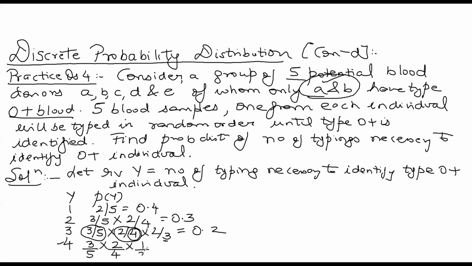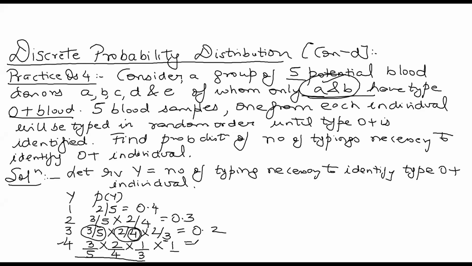And for 4, the first one is not O plus, the second one is not O plus, and the third one is not O plus. If the first 3 are not O plus, the last one will definitely be O plus, because 2 individuals have O plus type. That means the last one has to be O plus, which means probability is 1.